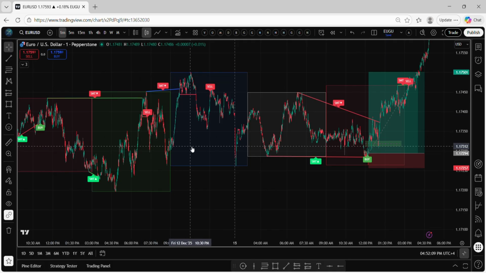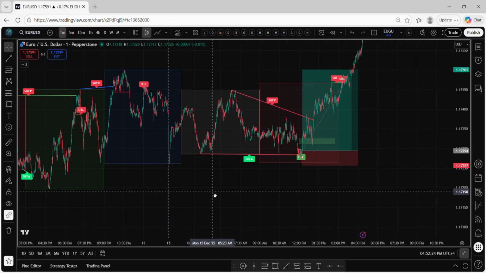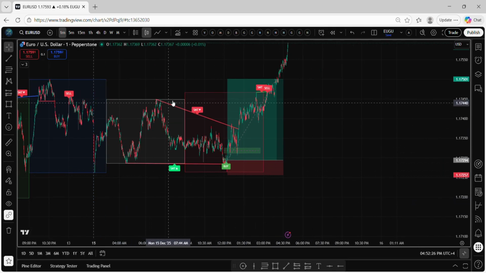You see, this quarters setting also works on M1, M5, any lower time frame. But for a higher time frame, if you apply this, it will not be a good suggestion to trade the market. So it will detect SMT between daily quarters.